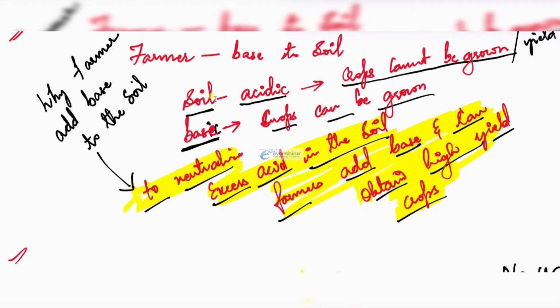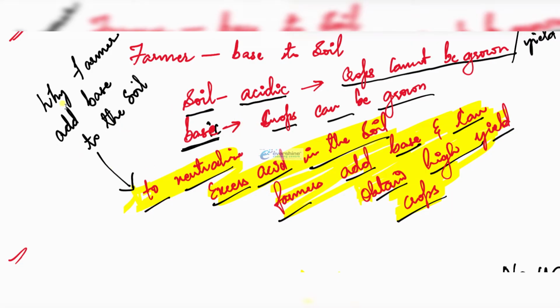Usually, when soil becomes acidic in nature, crops cannot be grown or we cannot yield the crops properly. When soil becomes acidic, remember, the crops cannot be grown or the yield doesn't take place in a proper manner. So the farmer uses base.